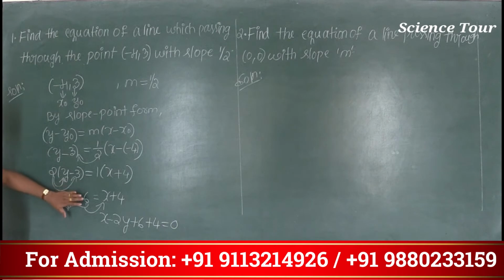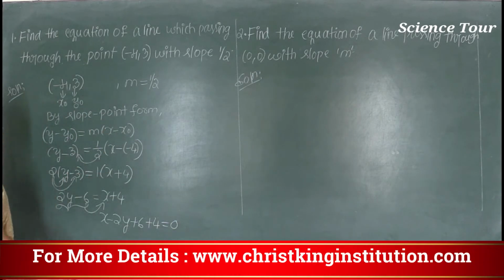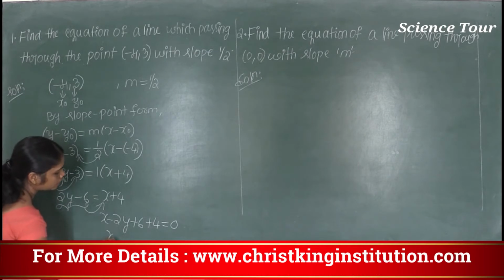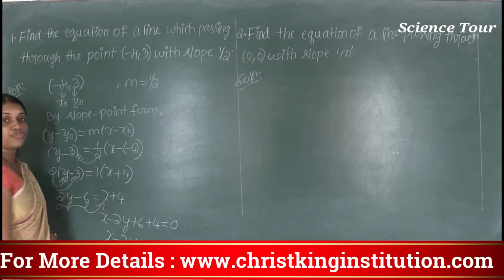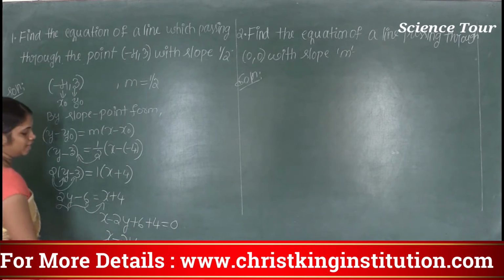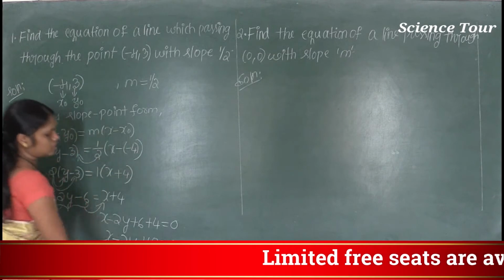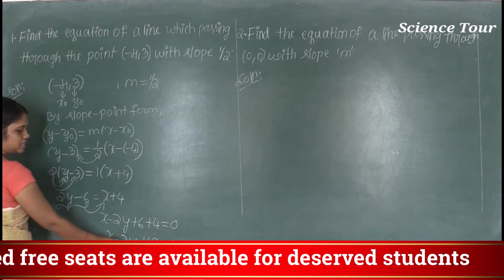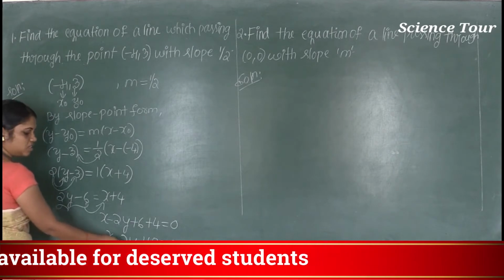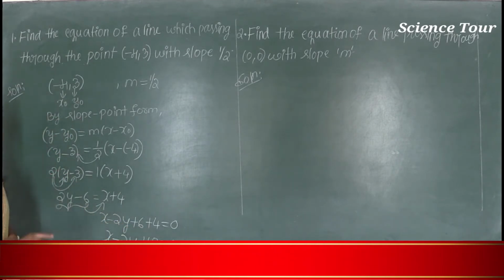So x as it is, minus 2y as it is, 6 plus 4 equals how much? 10. So plus 10 equal to 0. Therefore the required equation of the line is x minus 2y plus 10 is equal to 0. This is the answer.